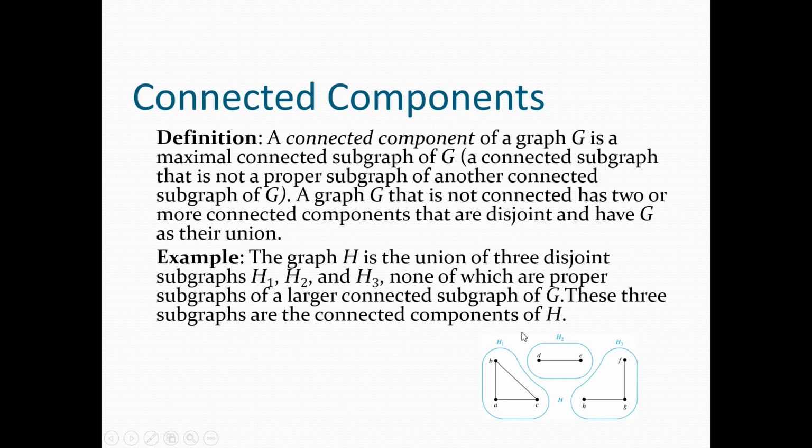This graph H is a union of H1, H2, H3, and H1, H2, H3 are not connected with each other, so they are disconnected. So these are called the connected components. These disconnected subgraphs are connected internally because the supergraph contains all these subgraphs.